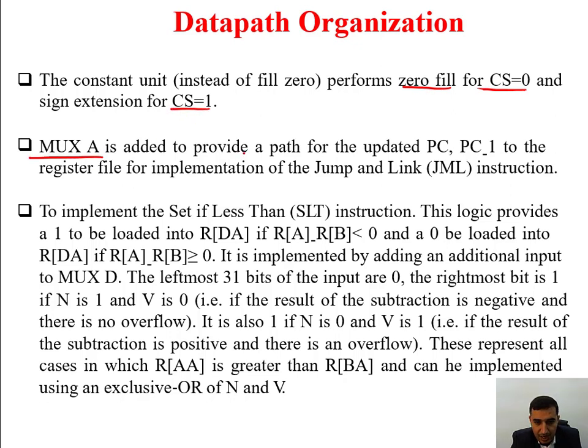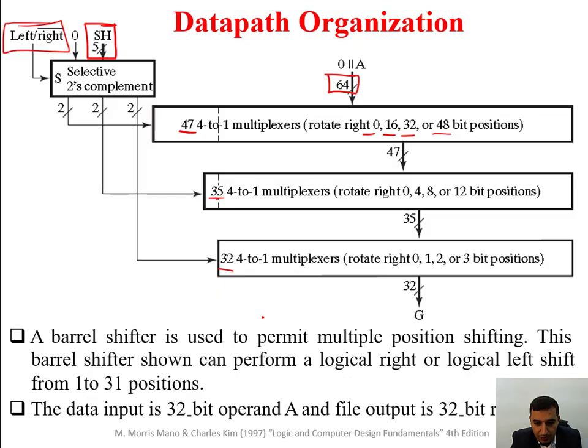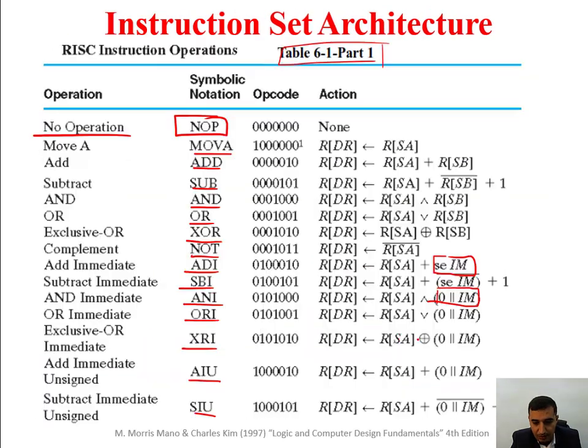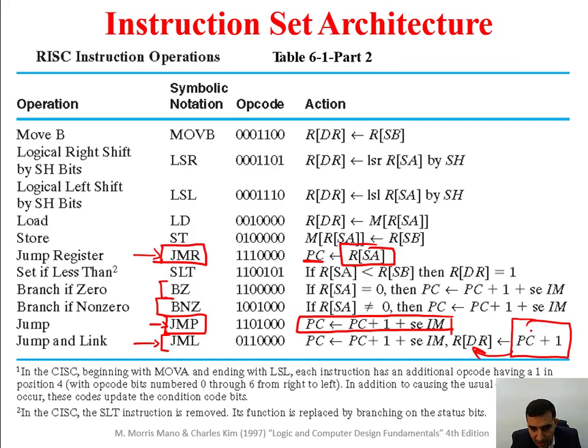Mux A is added to provide a path for PC and PC-1 to the register file for implementing the jump and link instruction. So for the jump and link instruction, we need what? Let's go back for the jump and link. For the jump and link, we need the value of PC to be saved into RDR.